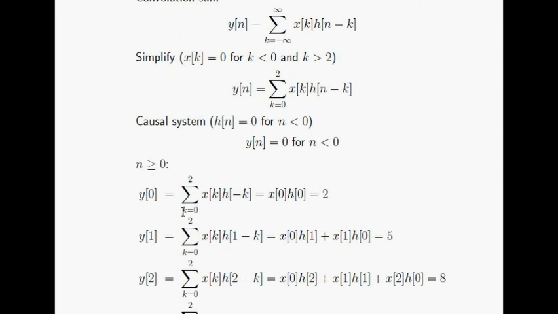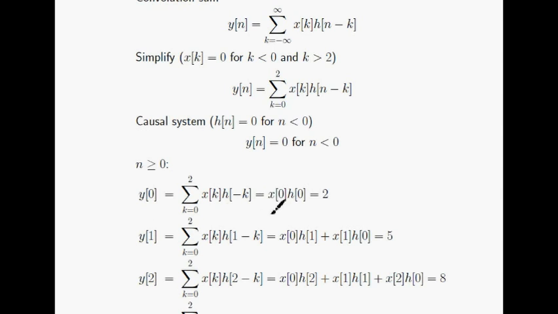First let's see what is y[0]. For y[0], I have put the value of n equal to 0, and this function will become the sum of x[k] into h[minus k], where k is equal to 0 to 2. So if I put a value of k other than 0, then h[minus 1] and h[minus 2] do not exist, so they will not come into account.